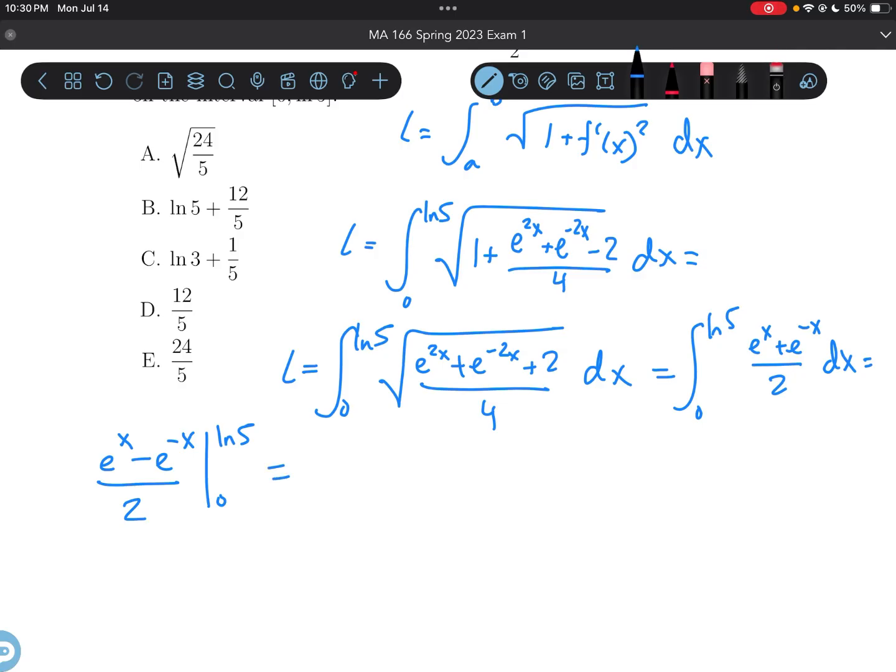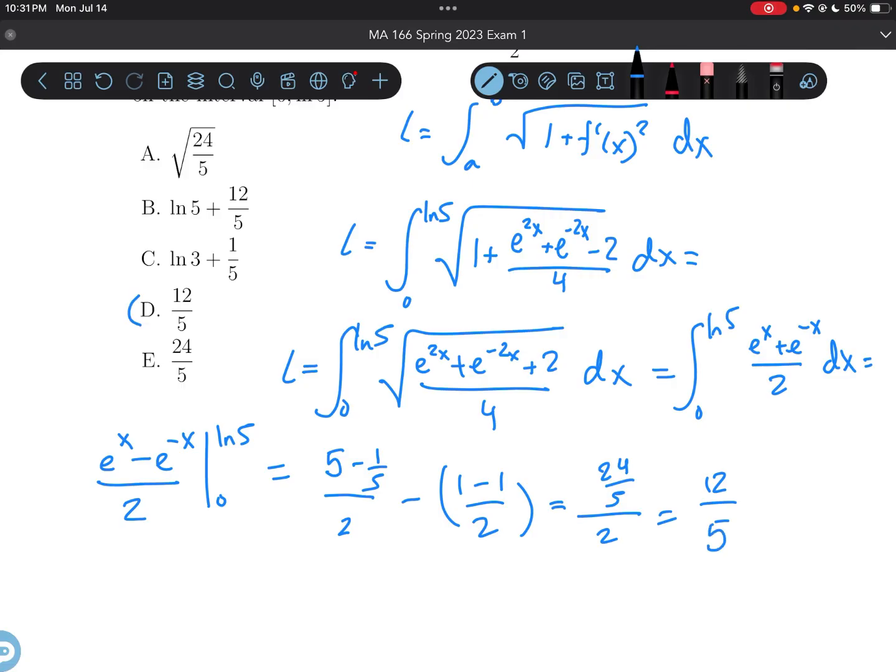Then I just plug things in. I get 5 minus 1 over 5, divided by 2, minus 1 over 2, and this is equal to 24 over 5 over 2, which is equal to 12/5. So the final answer for question 12 is D.